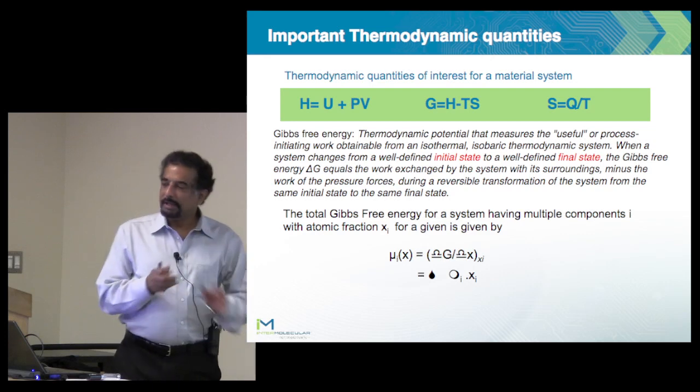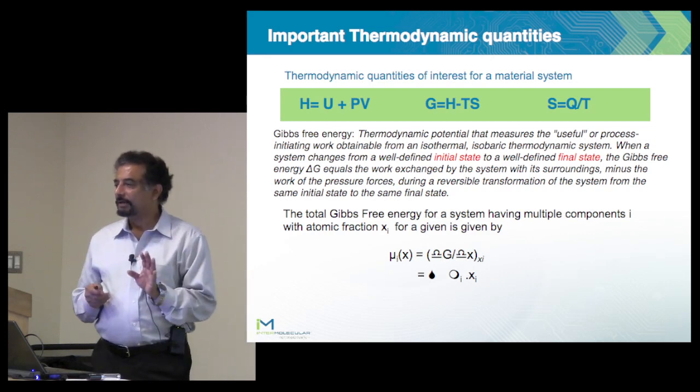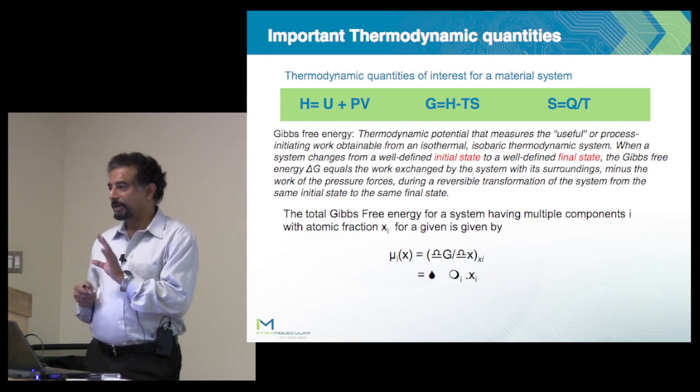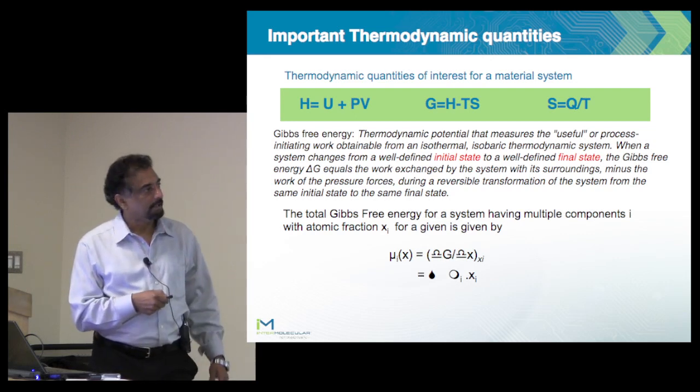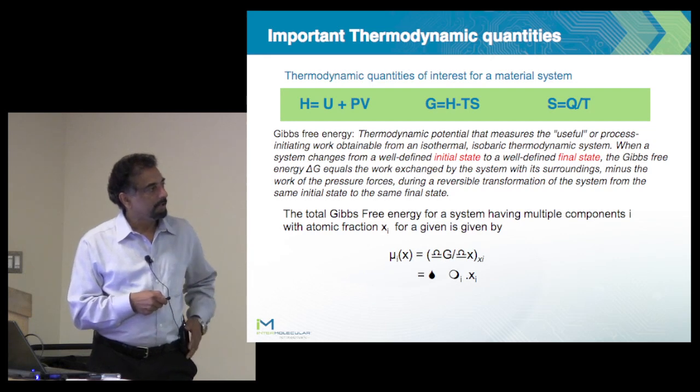And if you have a large number of components, you can define a Gibbs free energy per component, per unit item of component, which is usually called the chemical potential, and it's given by this term.